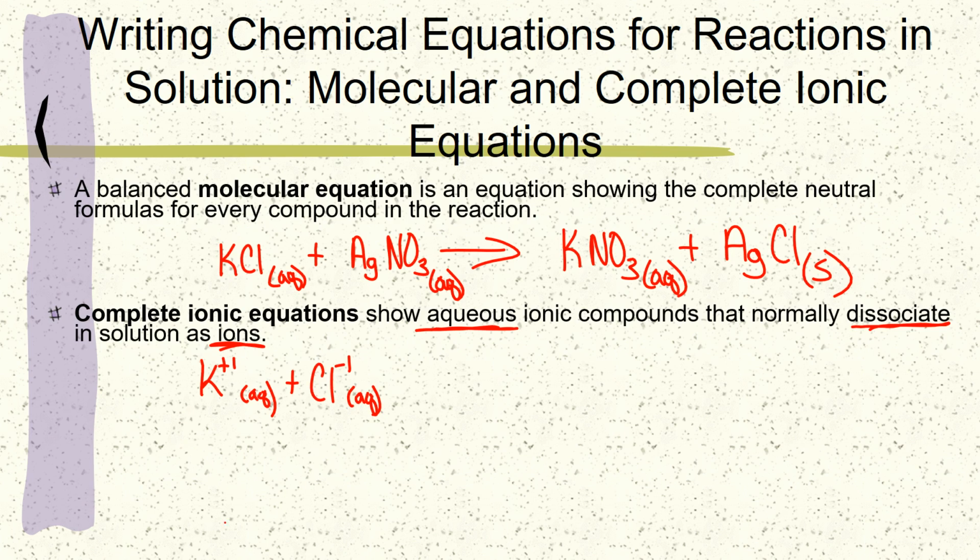If there had been a subscript by any of these, like if I had Cl2 there, I would have to put a coefficient of 2 in front of it, and you'll see that as we progress today. All right. Silver nitrate is aqueous, so Ag plus 1 aqueous plus nitrate aqueous, and then coming over here to the product side, only one of them's aqueous, so the only one I'm going to break apart is the aqueous one.